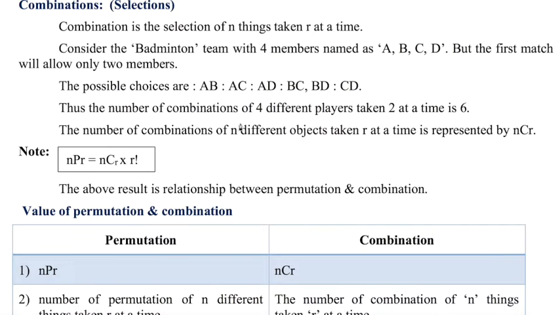Thus the number of combinations of 4 different players taken 2 at a time is 6. The number of combinations of n different objects taken r at a time is represented by nCr. That one is permutation, this one is combination or selection. So how are they related? nPr equals nCr into r factorial. Now you can apply the formula and see whether it is working or not.